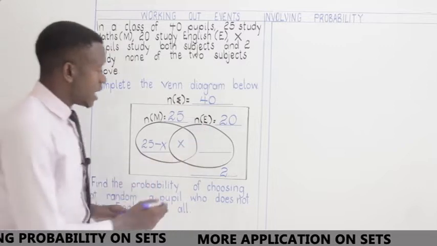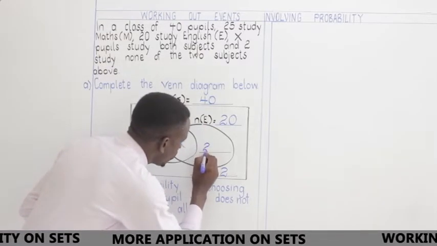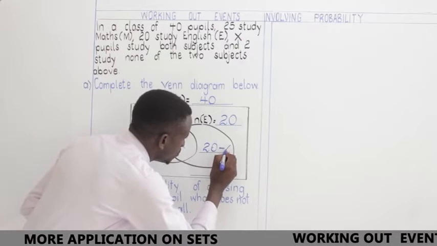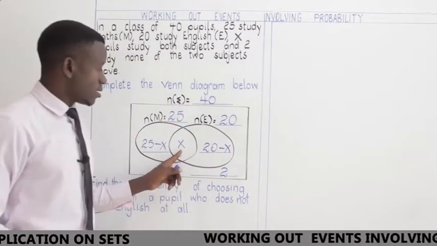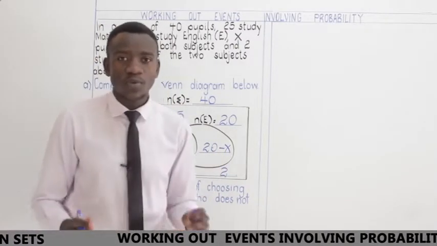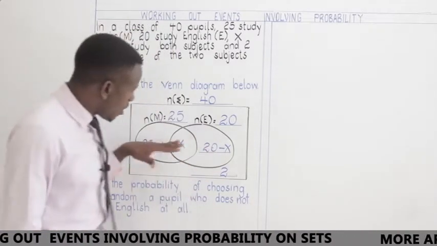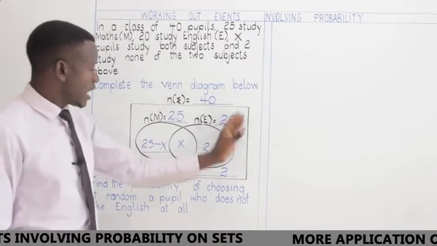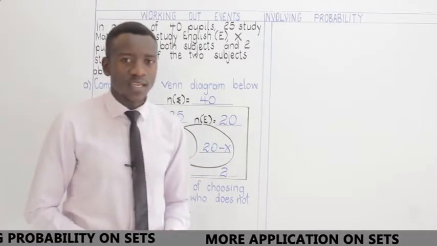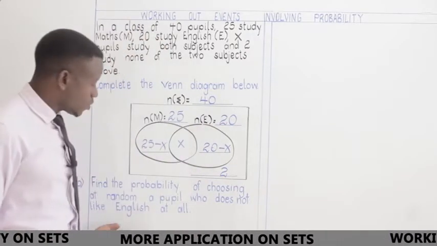Then this side we shall have 20 for the whole set, then minus those who like both, so that we get the number of pupils who study only English.